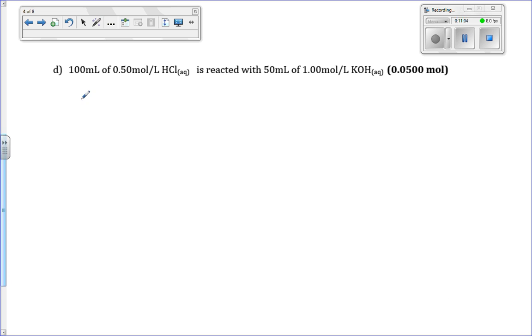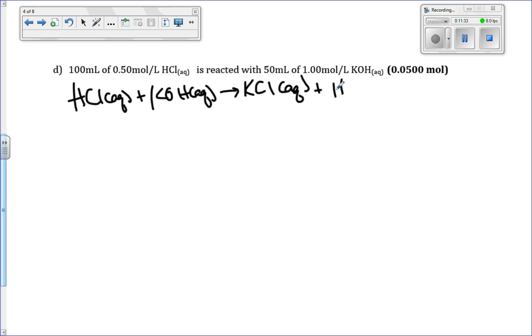D, we're looking at 100 milliliters of 0.5 moles per liter hydrochloric acid reacted with 50 mils of 1.0 moles per liter potassium hydroxide. First step is to create a balanced reaction. And again, I'm writing water as HOH so that you can see it when we're balancing out hydroxides.